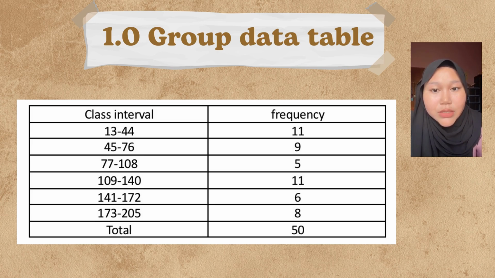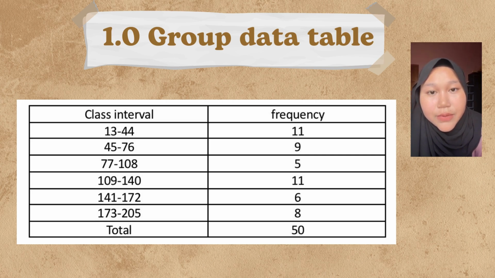For class interval 13 until 44, the frequency is 11; 45 until 76, the frequency is 9; 77 until 108, frequency 5; 109 until 140, frequency 11; 141 until 172, the frequency 6; 173 until 205, frequency 8.